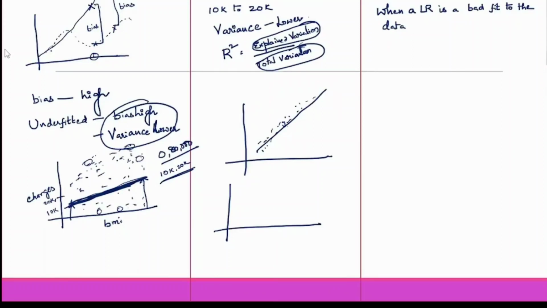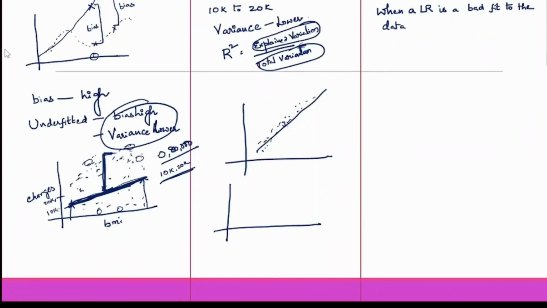So which means it is having a high bias, because the bias is coming from the error between the actual and the predicted, right? The error wise you could see this much of bias is there, but definitely the variance in the prediction is very low.